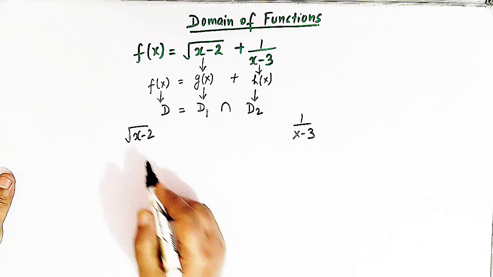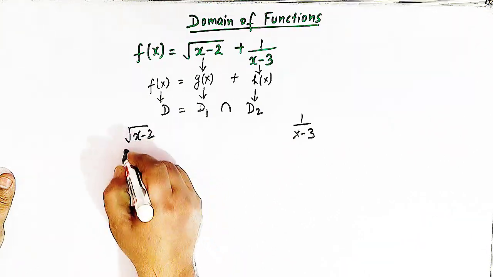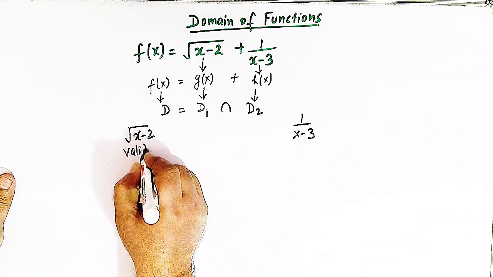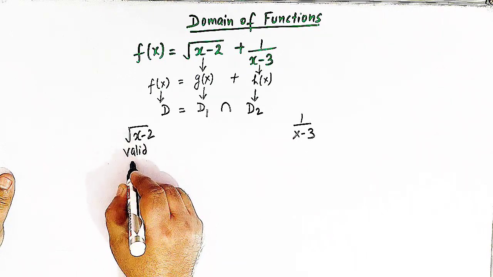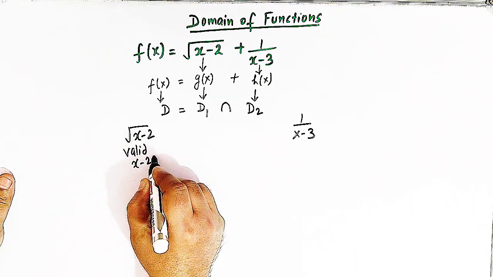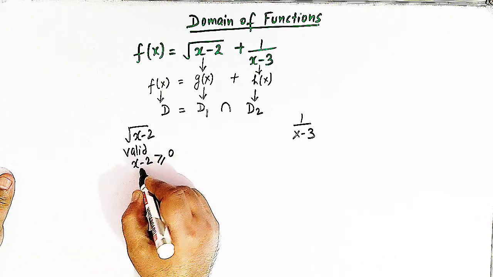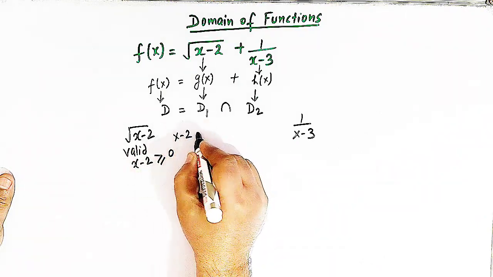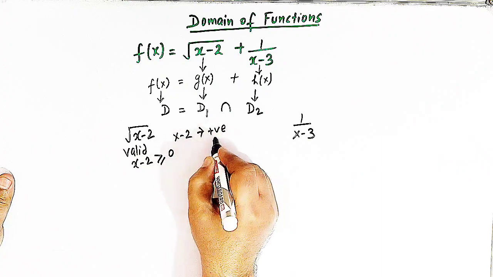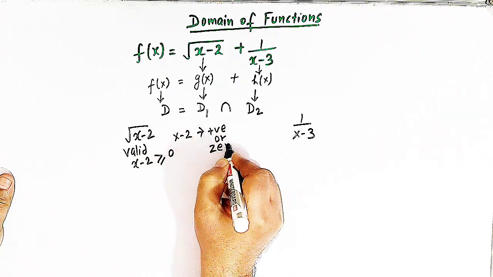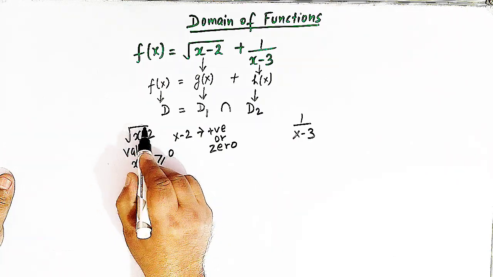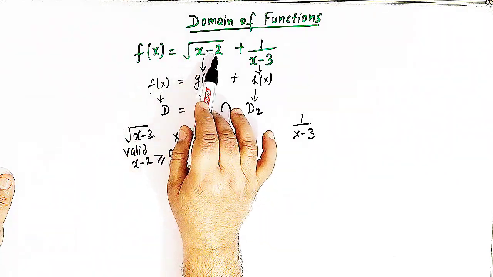Now the function square root of x minus 2 is valid only when x minus 2 is either greater than 0 or equal to 0. So x minus 2 has to be positive or 0 in order to define this function g of x.